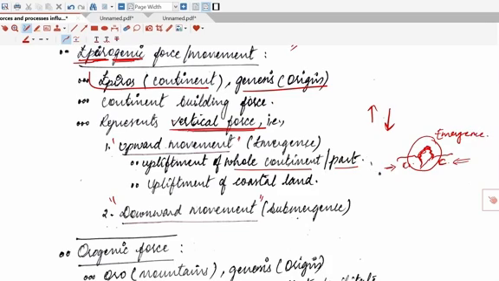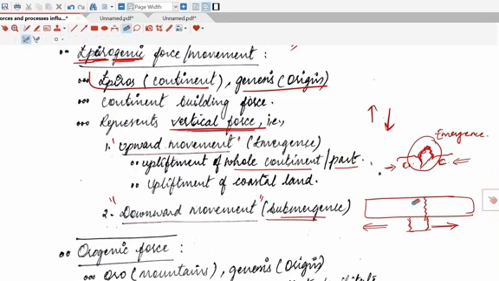And downward movement or submergence. Downward movement is, let us consider this is a continent, full of continent. Due to some tensional forces or divergent forces, this gets broken down, and this broken part sinks down.